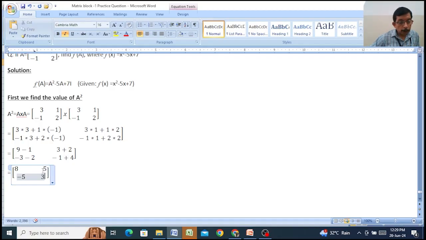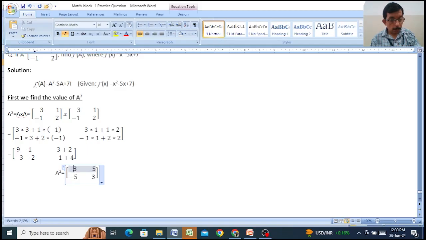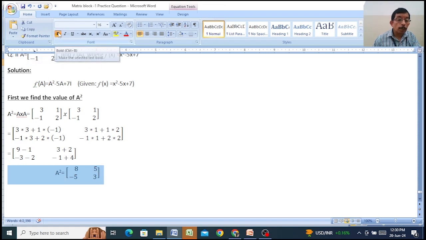Note down 3. This is the value of A square. A square multiplication is complete.